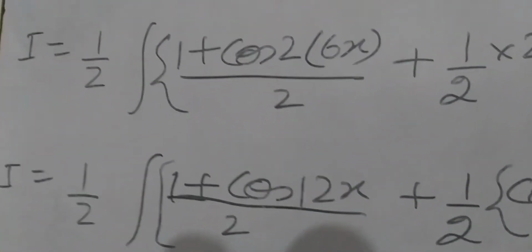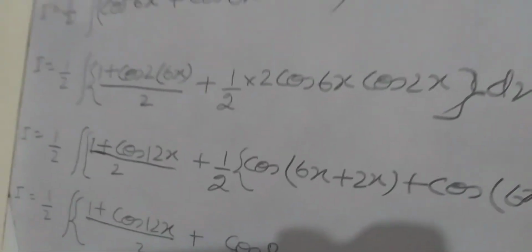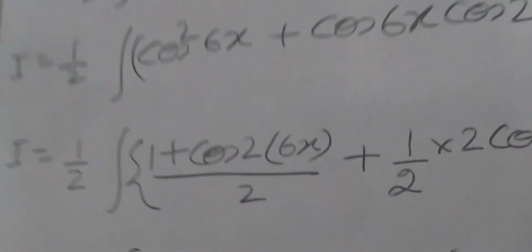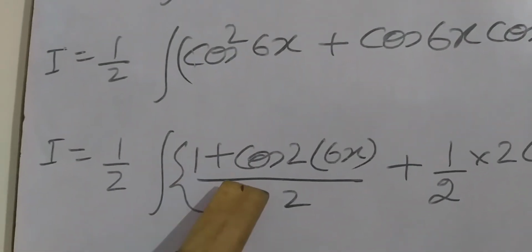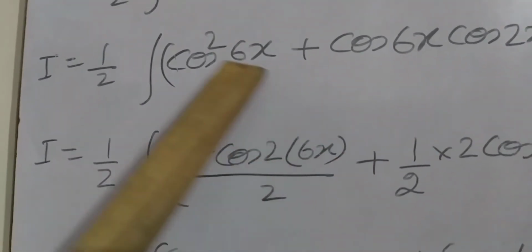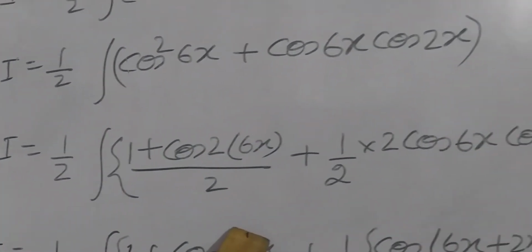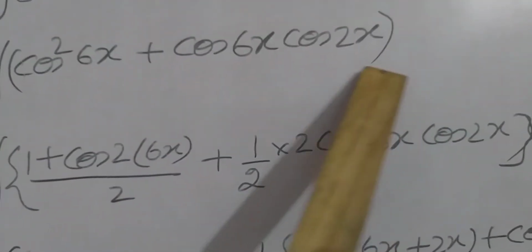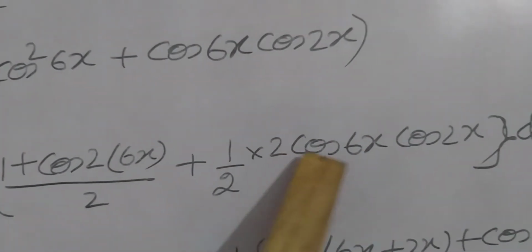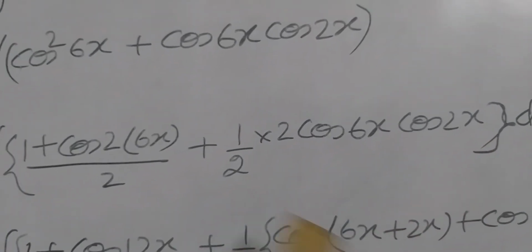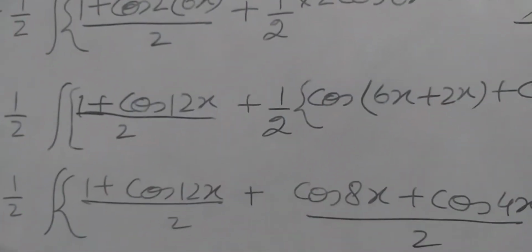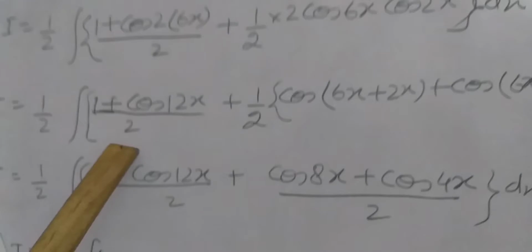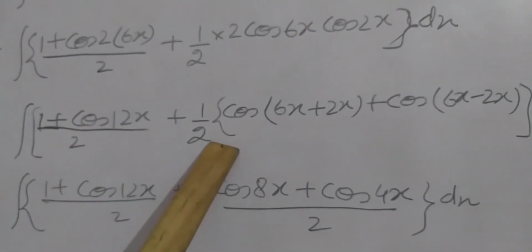So that's why we are going to write here 1 plus cos 2A, with A value 6x, upon 2. And here we have multiplied and divided by 2. So 2 cos 6x cos 2x upon 2. So it will become 1 plus cos 12x upon 2. 1 upon 2.